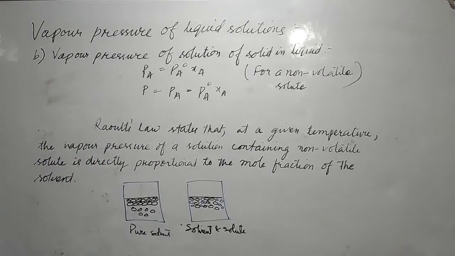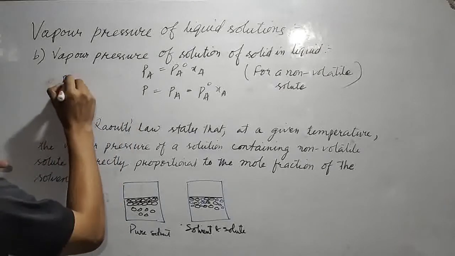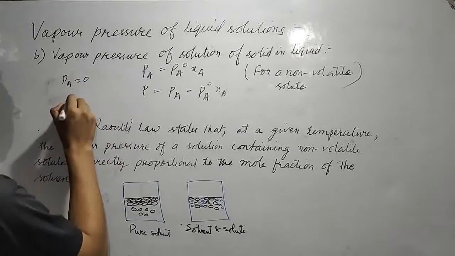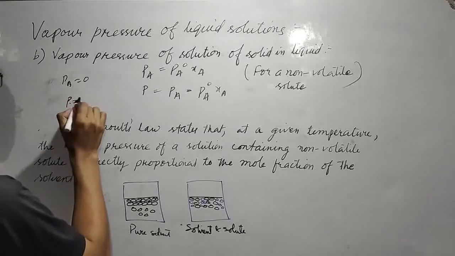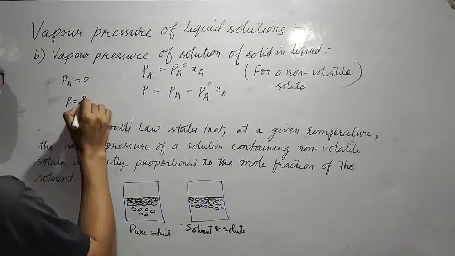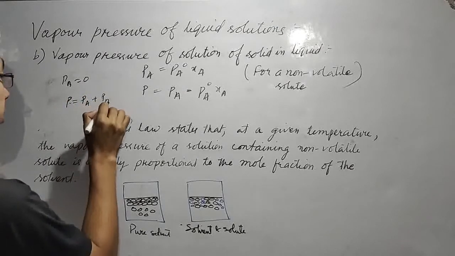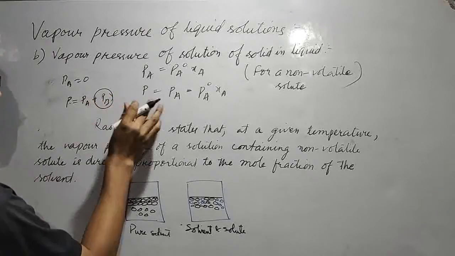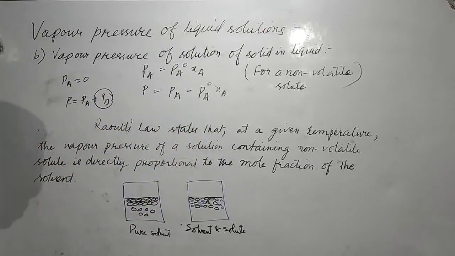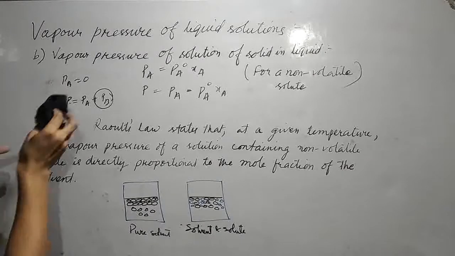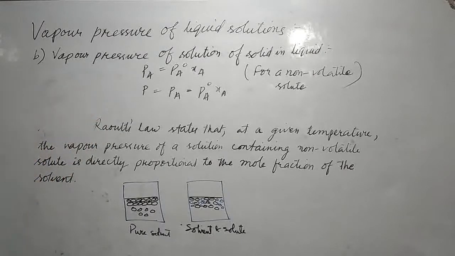So PB will be equal to 0. The total pressure will be PA plus PB, but PB is 0, so we get only this one. So we can write P equals PA, which is equal to PA degree into XA.